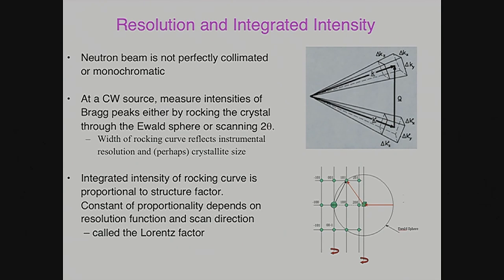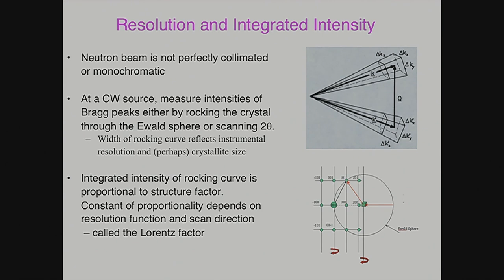What that comes down to is you pick this box at the end here to have small dimensions in the direction you care about, and large dimensions in the direction you don't care about. If you're trying to measure small angle scattering, the dimensions of the box in this direction matter a great deal because you're trying to measure a small wave vector accurately.